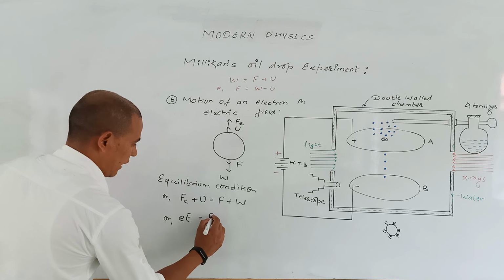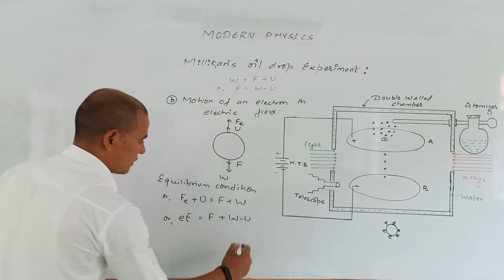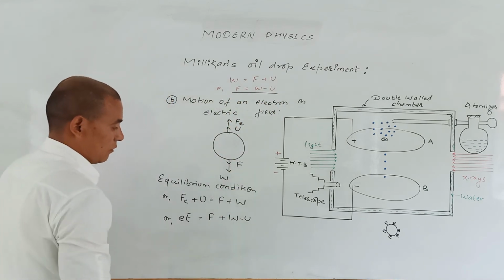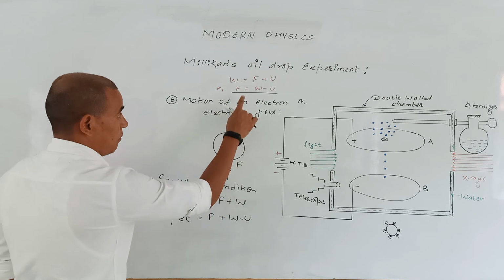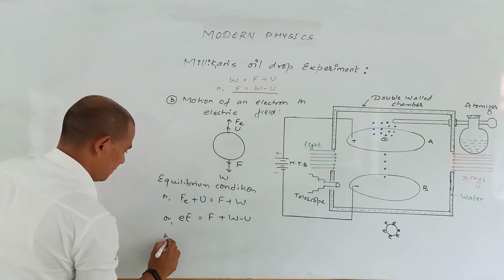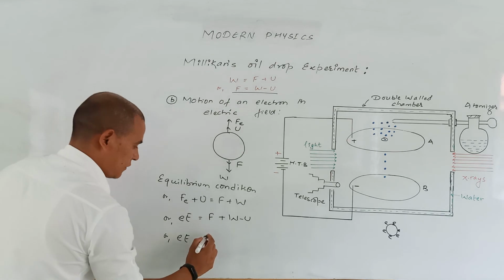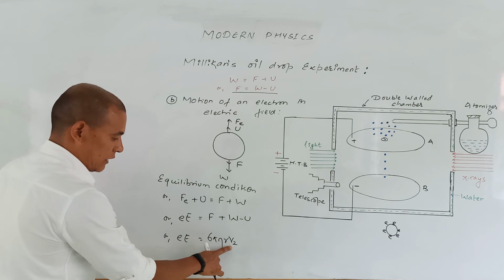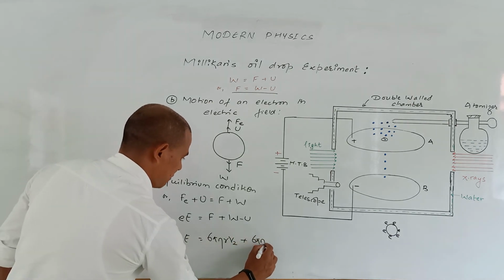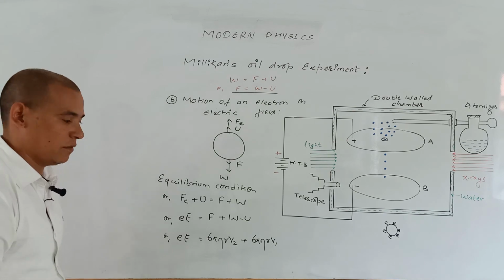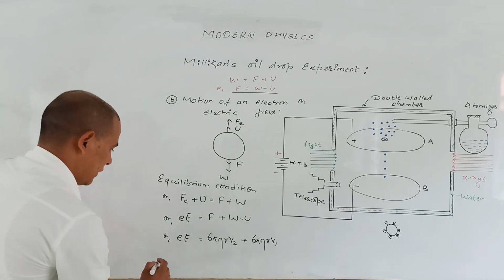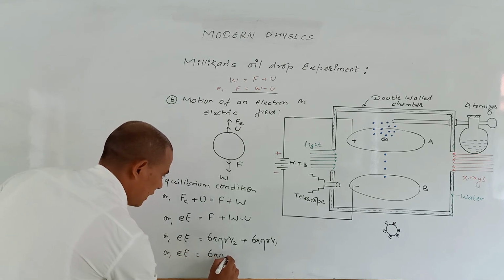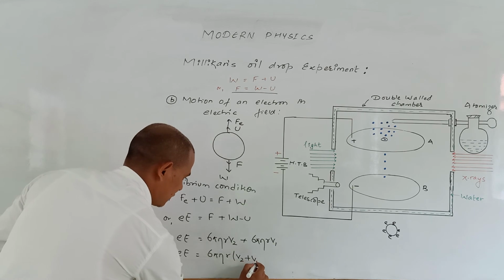So again, that will be F plus W minus U. From the above equation, we can replace U minus W by F. So Ee will equal the viscous force 6 pi eta r V2, where this is the velocity under the electric field, minus 6 pi eta r V1, where this is the terminal velocity under the gravitational field. So our equation will be Ee equals 6 pi eta r, V2 plus V1.